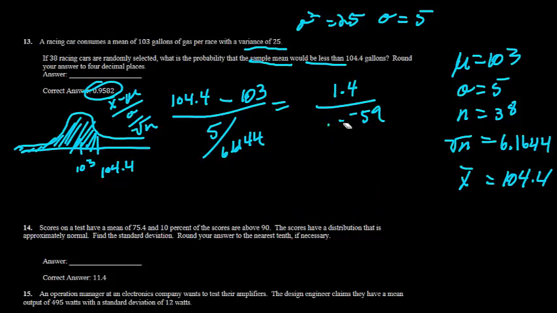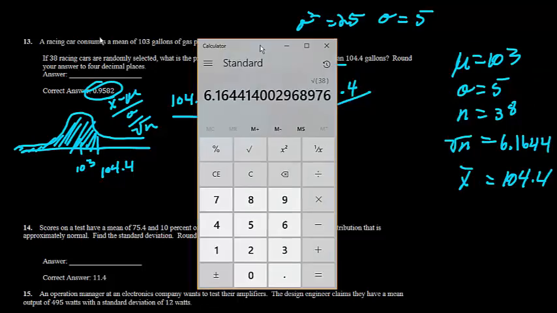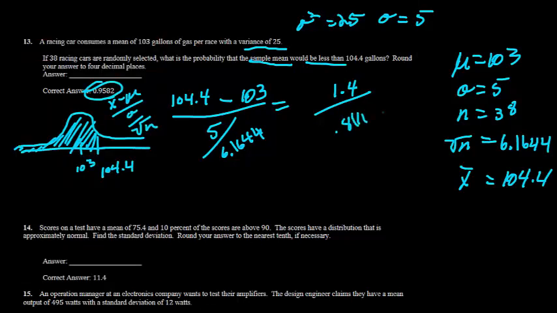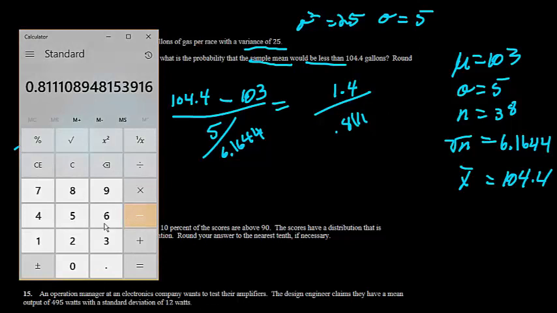So let's back up the boat. That one's correct. This one is not. 6.1644. 5 divided by 6.1644 is equal to 0.8111. 1.4, let's do this again, divided by 0.8111 is equal to 1.72.